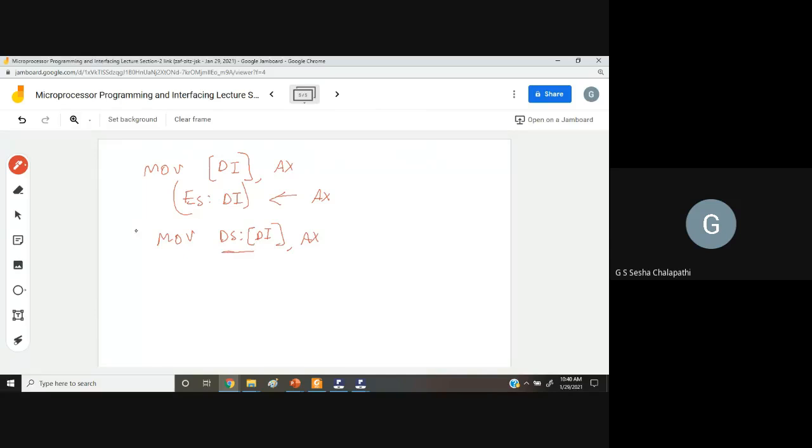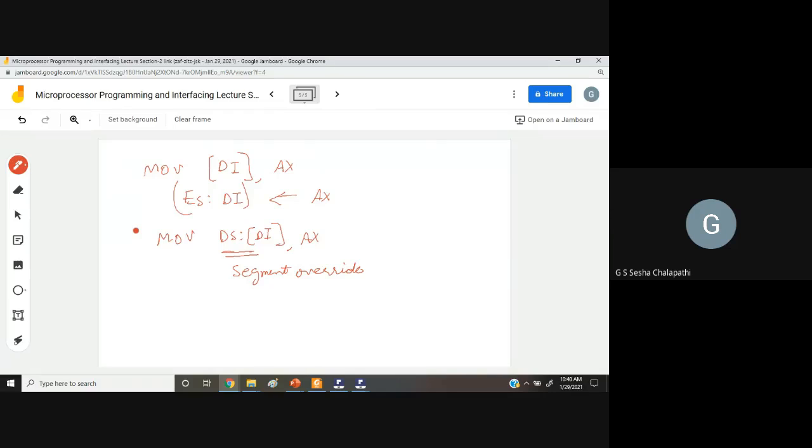When I specify it this way, this is called a segment override. Generally DI combines with the extra segment ES. However, here I am changing it, saying I want DI to combine with the data segment register, and therefore I'm providing a segment override.